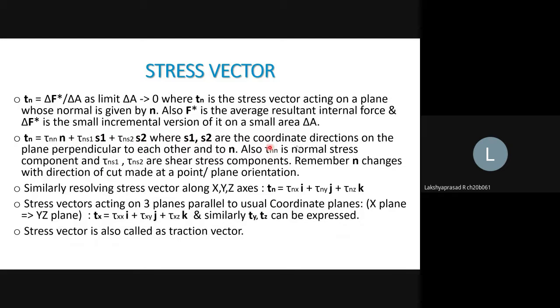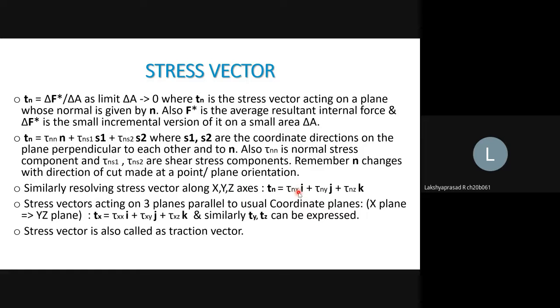Here tau n is the normal stress component, and tau ns1, tau ns2 are shear stress components. Remember, this n vector would vary with the direction of the cut we are making at the point in that body.